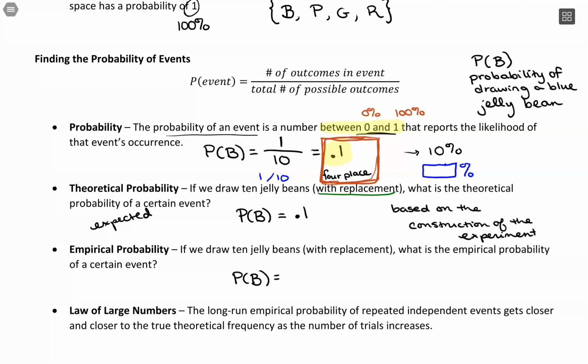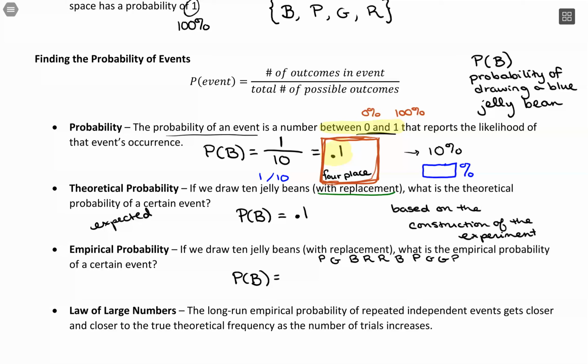So let's say my first jelly bean was purple, then I got a green one, then I got a blue, let's say I got a red, then a blue again. And how many do I have there? 5. Let's say I got purple again, and let's say I got green, and then green. And I need one more, and let's say I got purple again. So this could be something that I actually witnessed, grabbing a jelly bean out, recording the color, putting it back, and I did it 10 times.